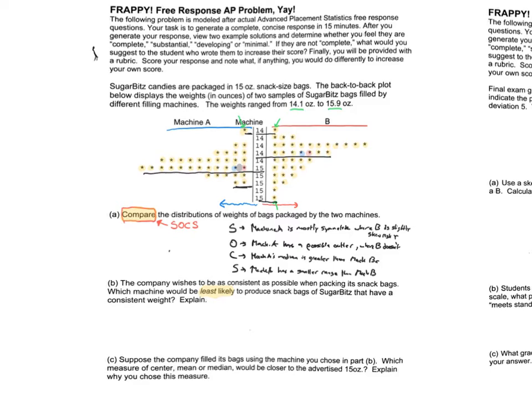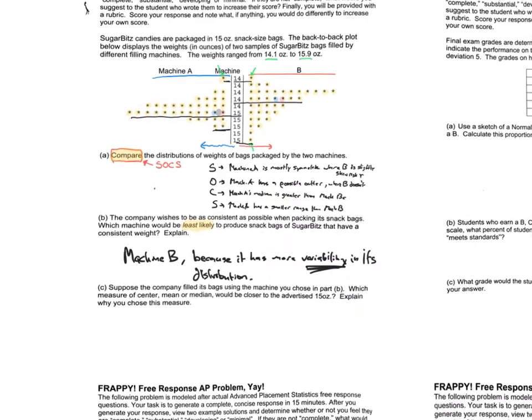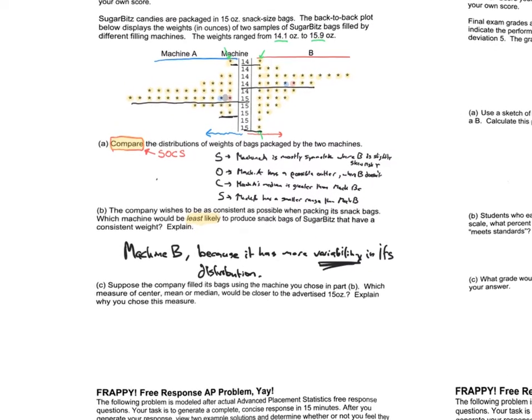So least likely, we're going to say machine B, because it has more variability in its distribution. If you'd like to use the word spread instead of variability, you're right on there. But talking about spread is what really gets us going on that one.